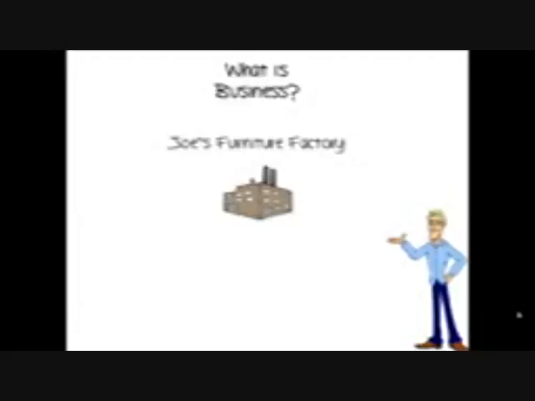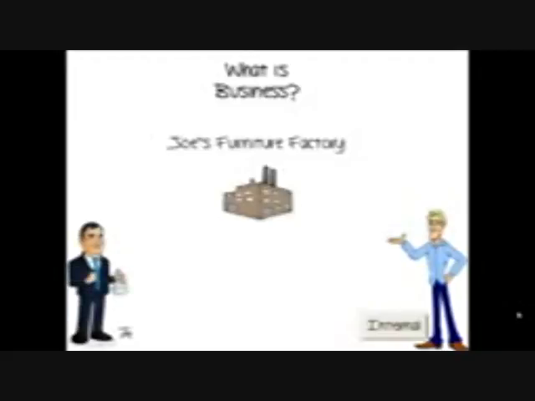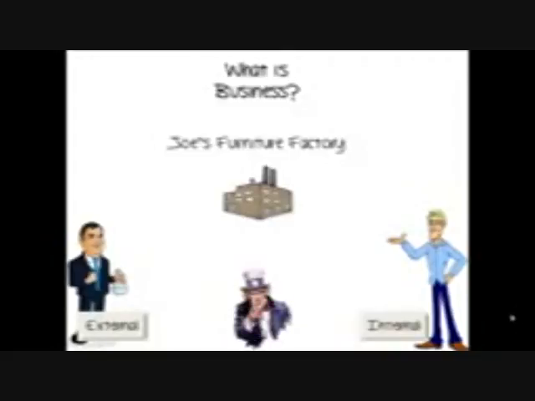Apart from Joe, the management and his employees are interested in knowing how much profit he has made. These people are collectively known as internal stakeholders. Joe also has bankers and other investors who have invested money in his business. They are collectively known as external stakeholders. Apart from Joe and his investors, Uncle Sam is keen on knowing how Joe has been performing.